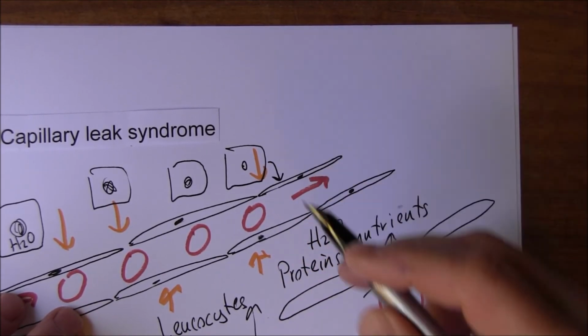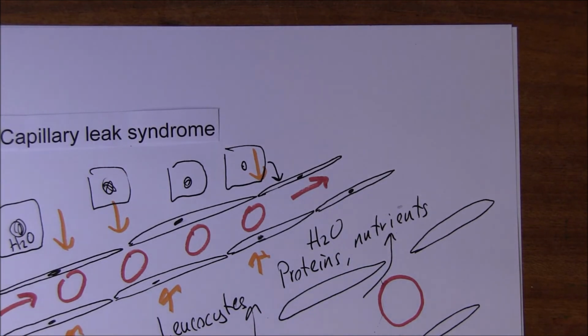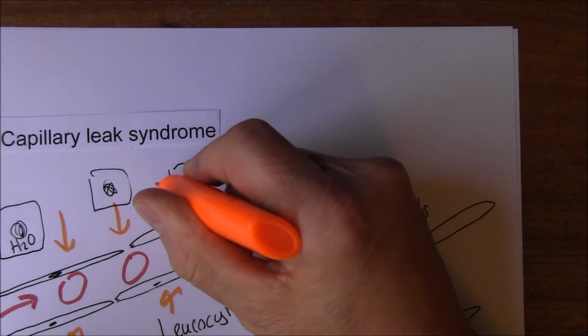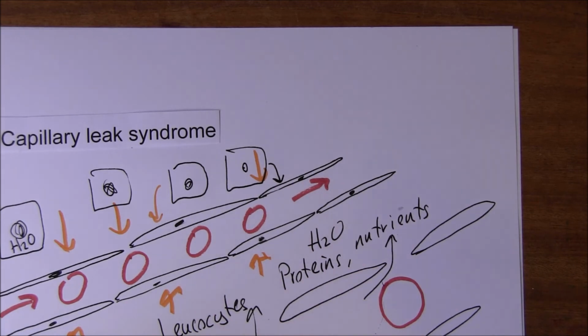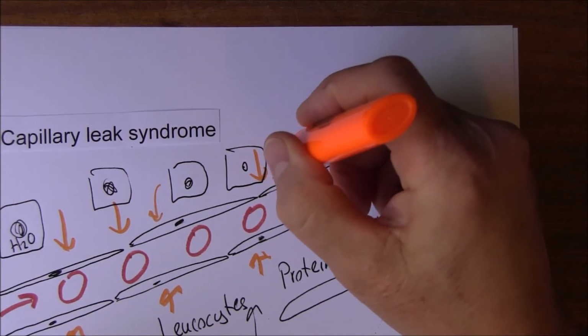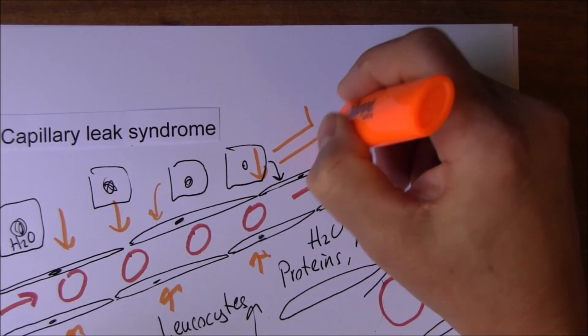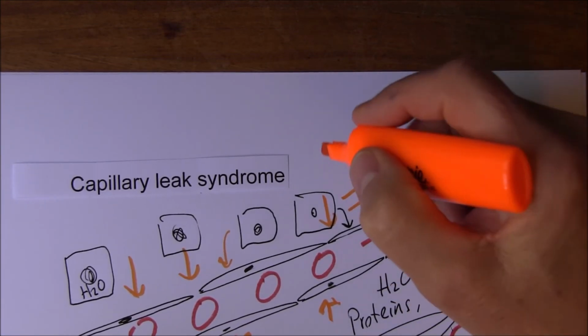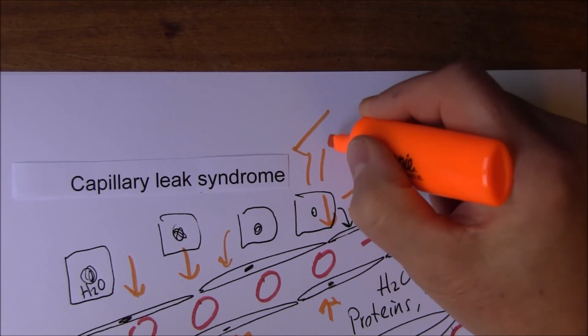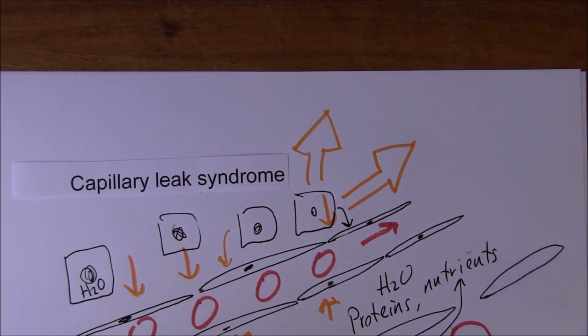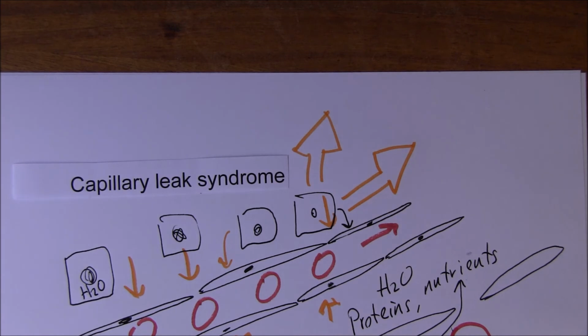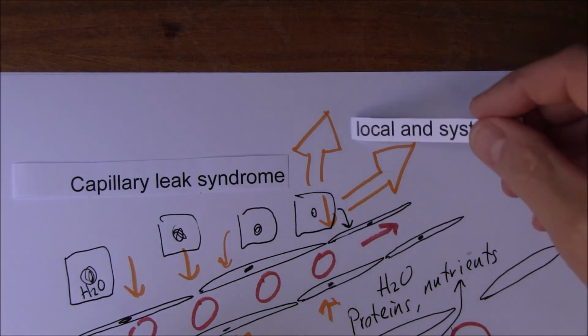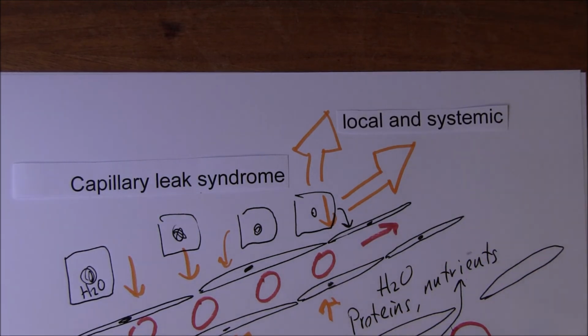We know that because they're the ones that cause the initial vasodilation here. But as well as that, if there's a large area burnt, what we'll get is pro-inflammatory cytokines produced in large volumes, and these will then also go into the systemic circulation, and we'll get a systemic effect from this. So we'll get a systemic capillary leak syndrome all over the place.